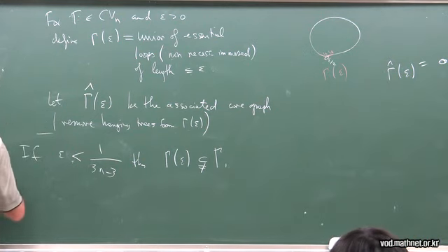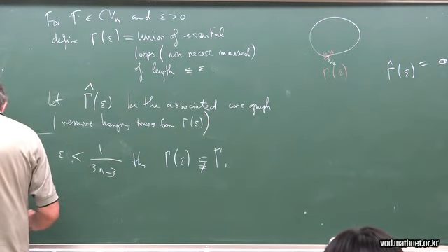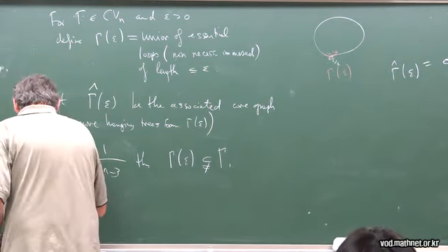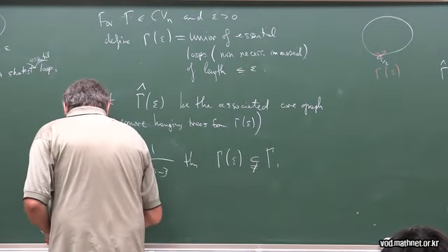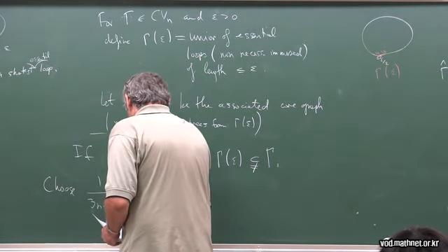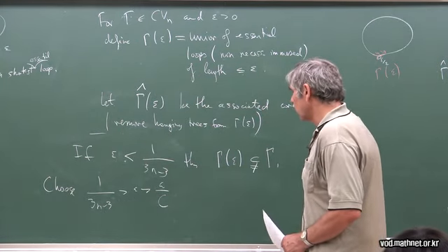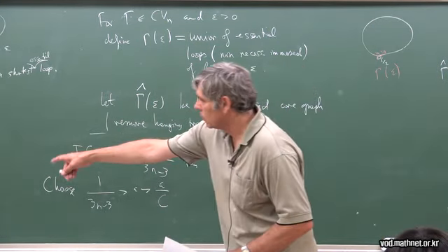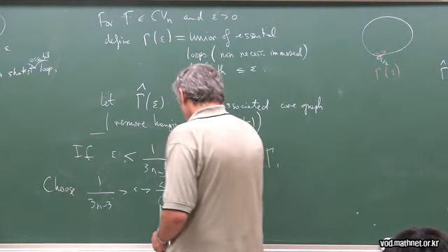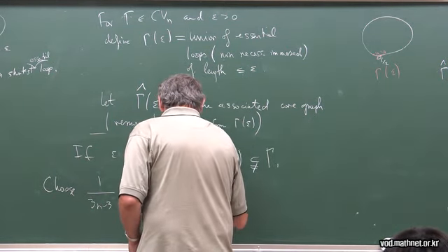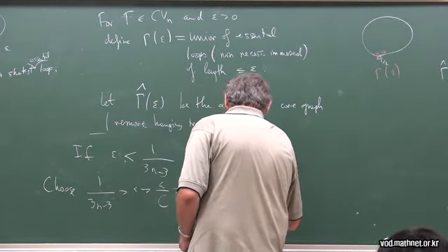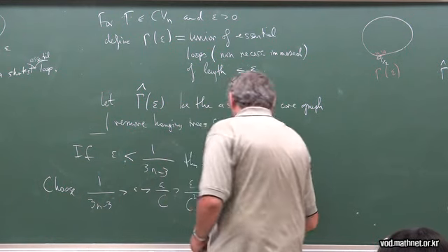Okay, so choose. So these are now our scales. We have 1 over 3n minus 3. This is bigger than epsilon, and then this is bigger than epsilon over c. I'm interested in multiplying by c every time because that's what my maps are, c-Lipschitz. So epsilon over c squared, and then stop after say k steps.